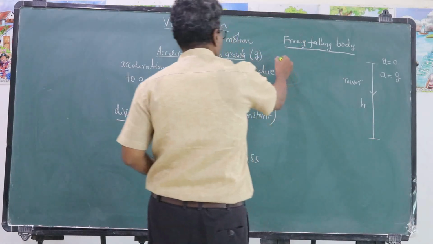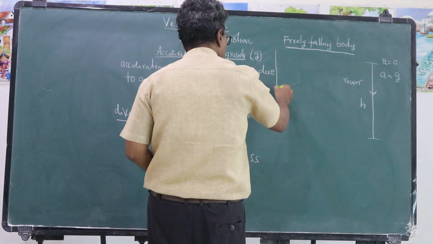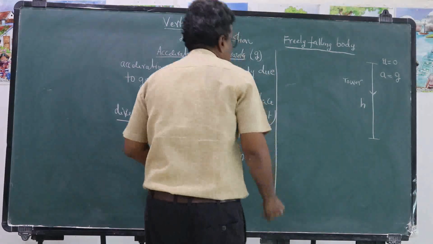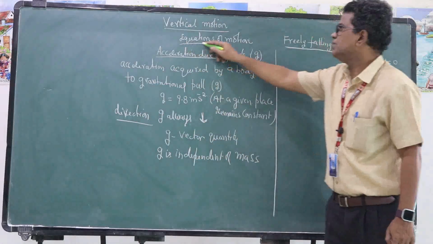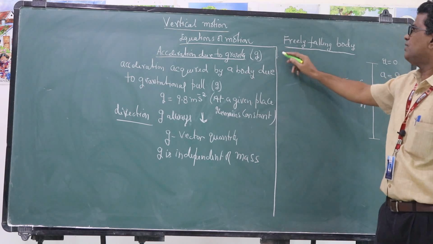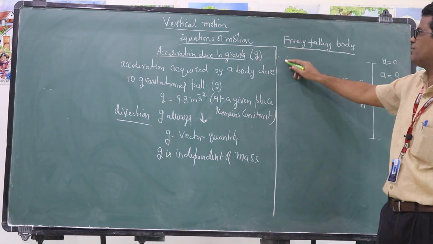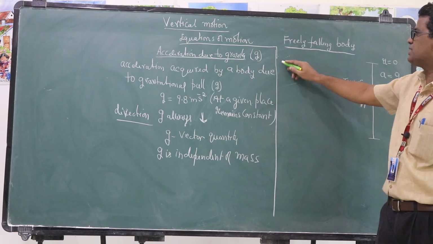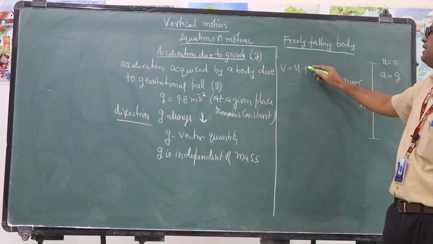Now I am going to write the equations of motion for a freely falling body. The first equation of motion is v is equal to u plus at.